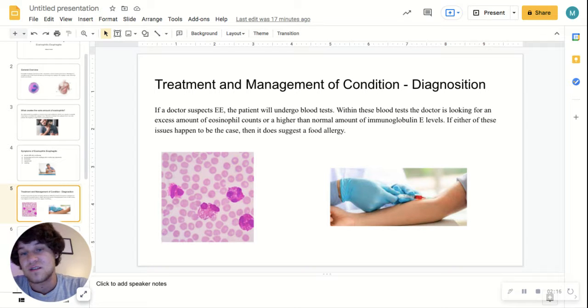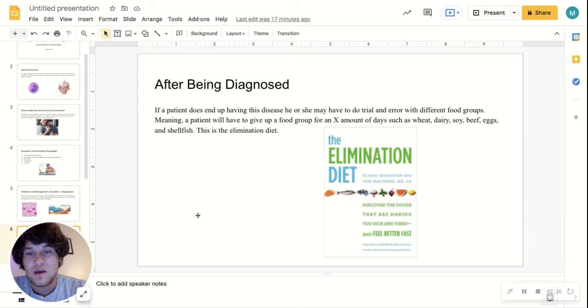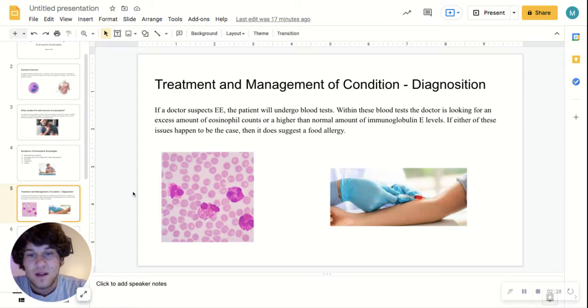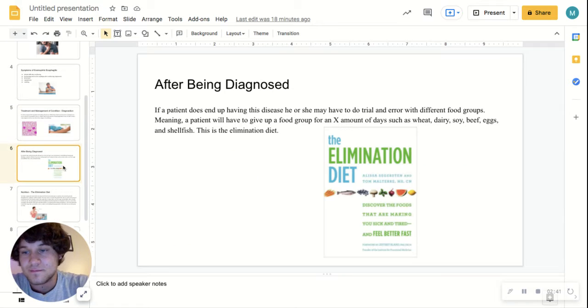If either of these is the case, then it does suggest a food allergy. Below, I put a blood test right there, and then I put a picture of an excess amount of eosinophil cells right there. So that's an extra amount of them.